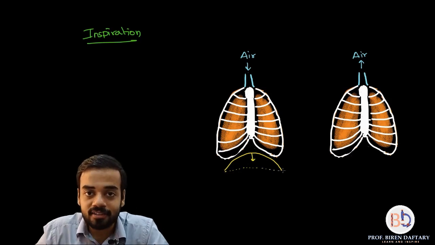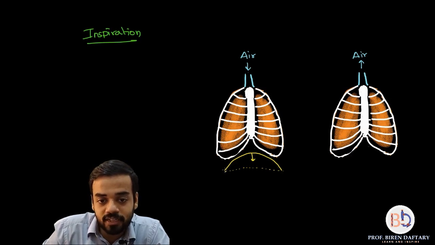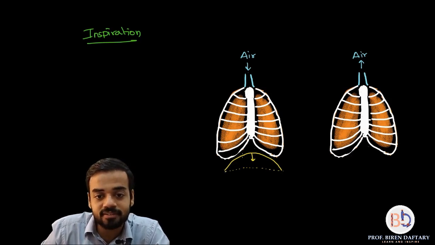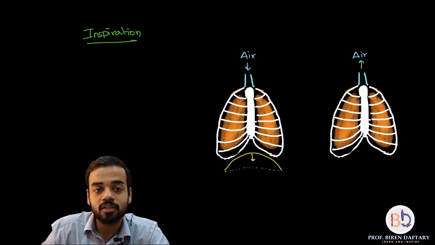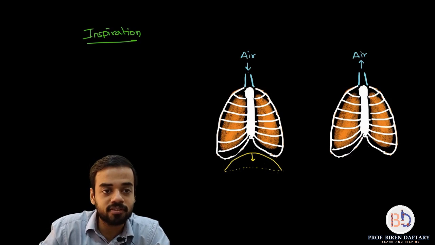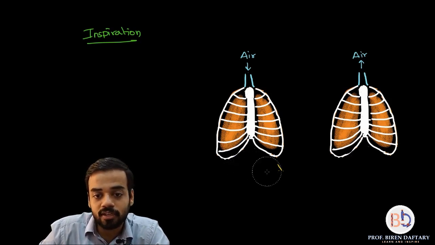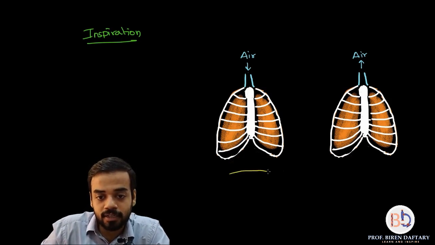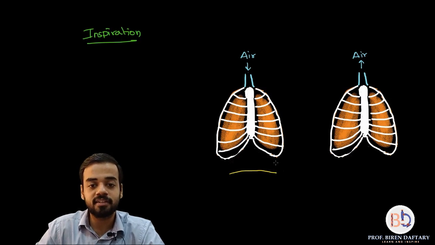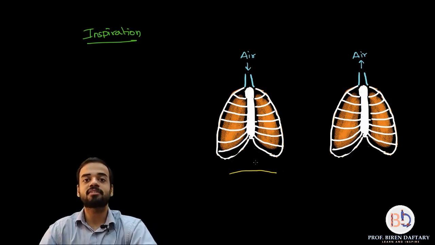So this is contraction, correct, because if you measure the length of the initial diaphragm, in this curved position, it is obviously going to be more than this dotted position. So first thing that happens is that the diaphragm contracts, okay, so it kind of straightens up. So now your diaphragm is like this. Initially it was U-shaped. So now there is extra space over here so that the lungs can expand.